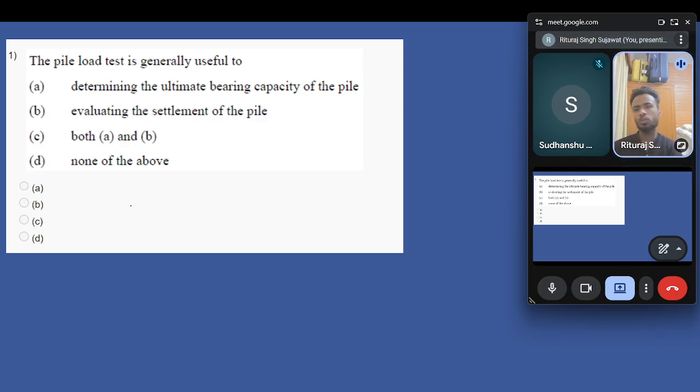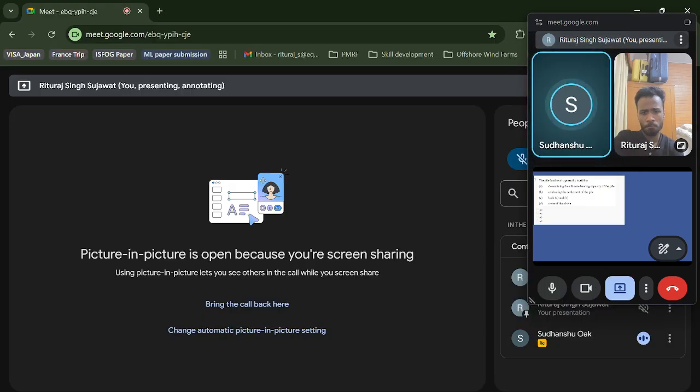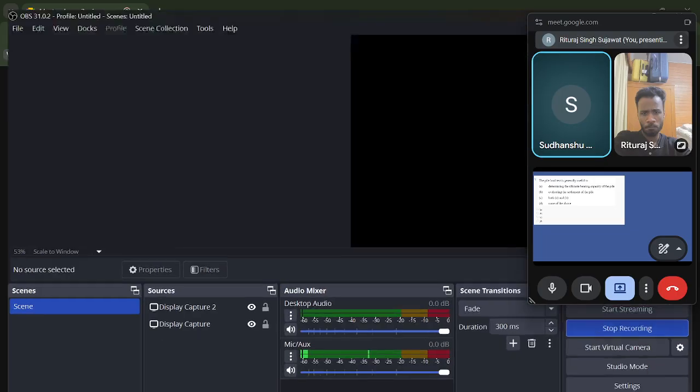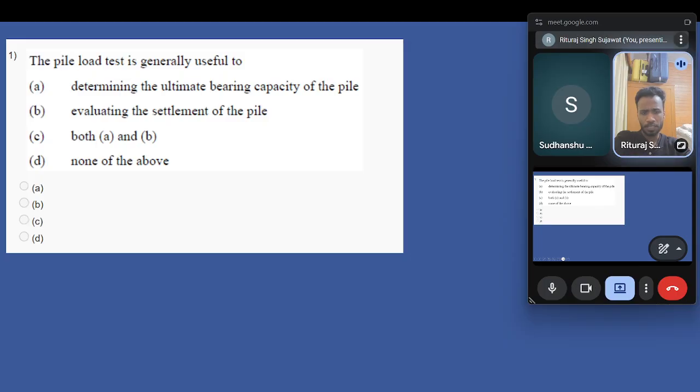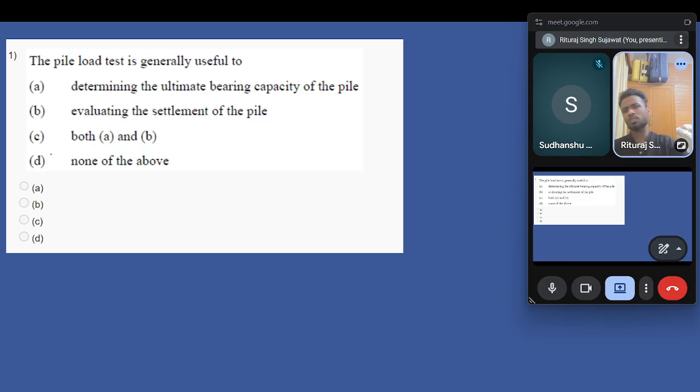Where do we generally use the pile load test? Both A and B. Yeah, let me check. The pile load test is generally useful to determine the ultimate bearing capacity and evaluating the settlement of the pile.